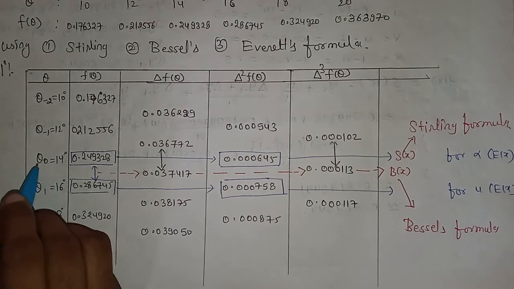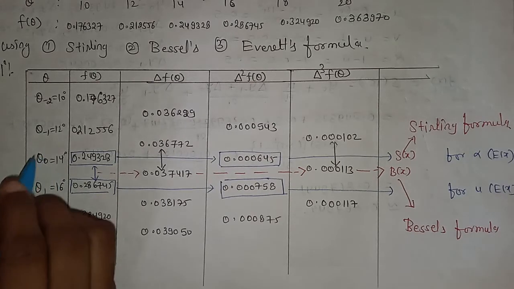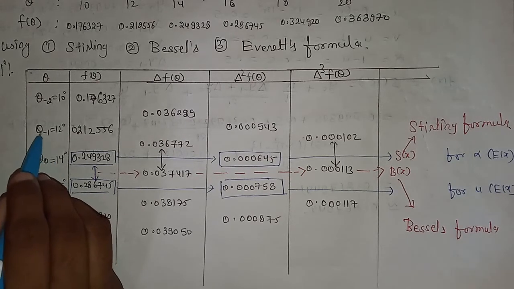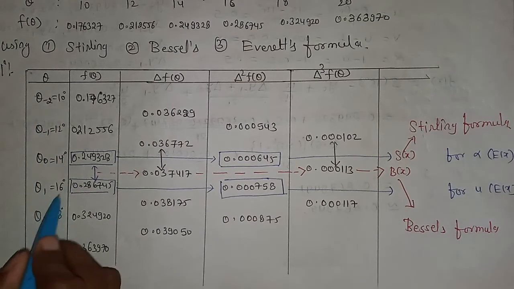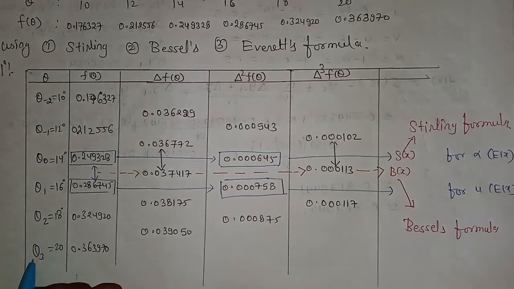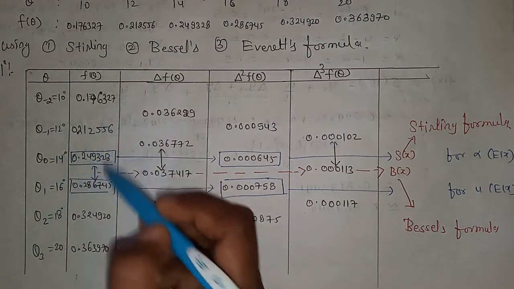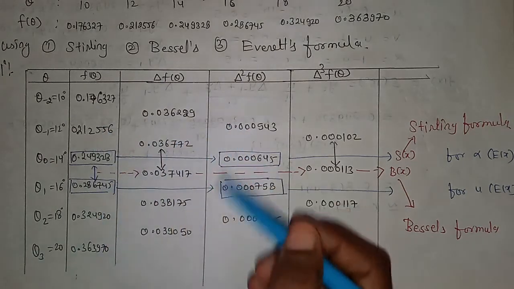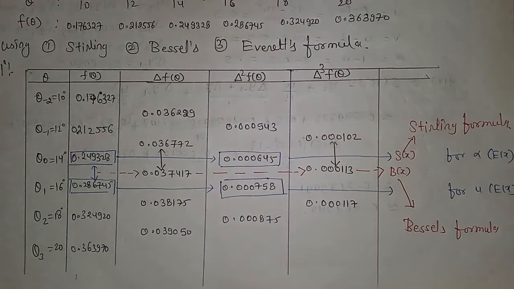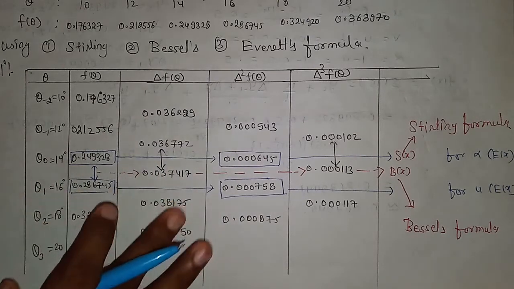If theta naught is 14 degrees, then theta minus 1 is 12 degrees, theta minus 2 is 10 degrees. Similarly, theta 1 is 16 degrees, theta 2 is 18 degrees, theta 3 is 20 degrees, and according to that they have some entries, which are written over here. Now I have calculated the first difference; it is not so hard, so you can easily calculate this difference.